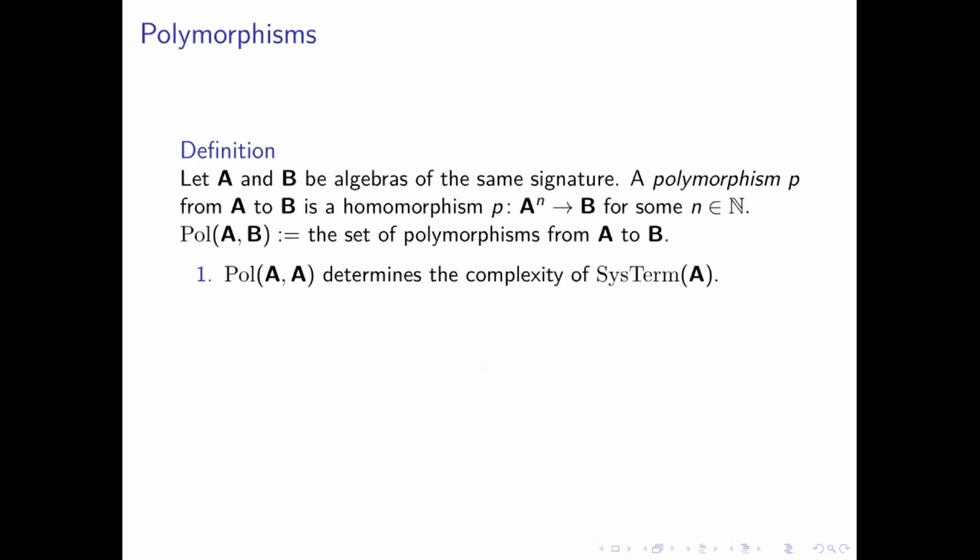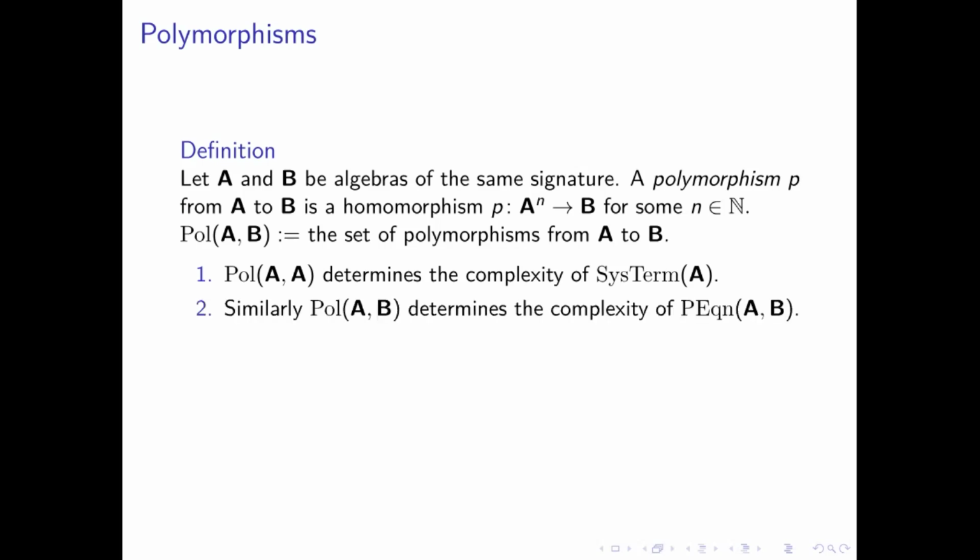Some facts about polymorphisms are that the polymorphisms from A to A are going to determine the complexity of systerm A. Again, that's promise equations AA. I wanted to state it in the promise equation language. Pol AB, the set of polymorphisms from A to B, will determine the complexity of promise equations AB.